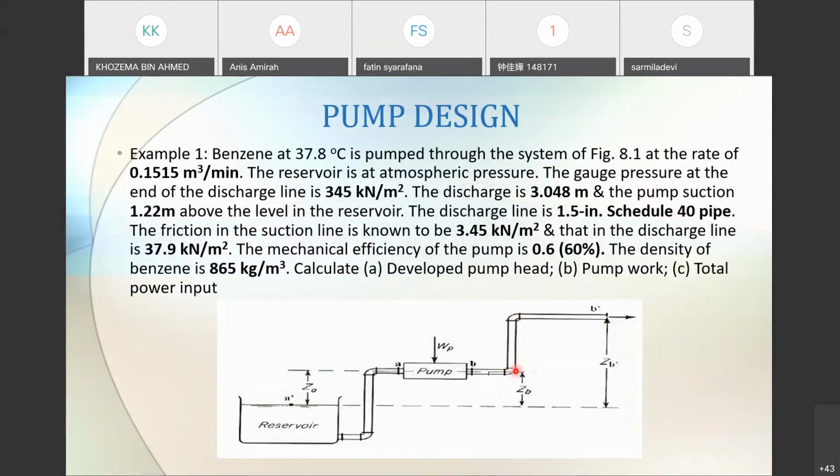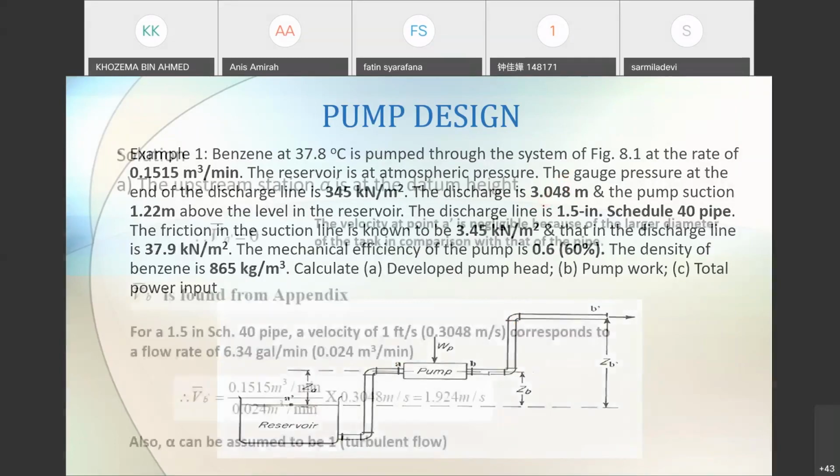How do you find this value? Just 3.048 minus 1.22. So you'll get a value here, and then you can assume that ZA has a value of negative 1.22, and the value of the discharge vertical distance here is going to be 3.048 minus 1.22. If you add those two values again, you'll get 3.048 meter.